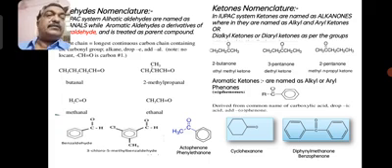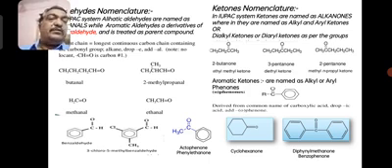For example, the first example, 2-butane, but it contains a carbonyl group, so the E is replaced, giving butanone, 2-butanone, 3-pentanone, and so on. If there is a benzene ring attached to the RCO group, they are generally known as phenones.